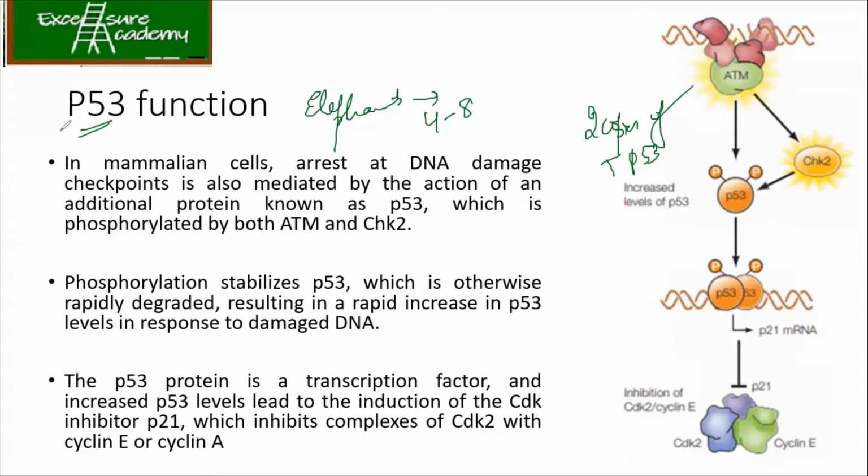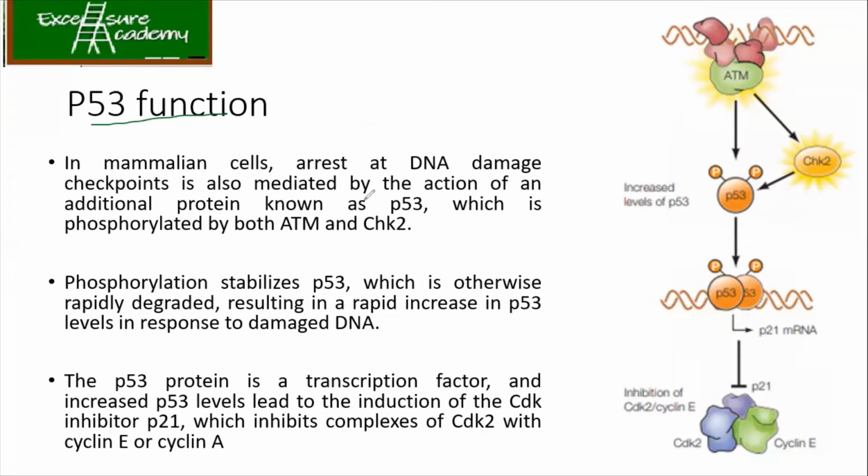Okay, now coming to the p53 function. So in mammalian cells, they arrest at the DNA damage. The arrest at the DNA damage checkpoint is also mediated by the action of an additional protein known as p53, which is phosphorylated by both ATM and CHEK2. So now we know that a double-stranded DNA damage is going to activate your CHEK2.